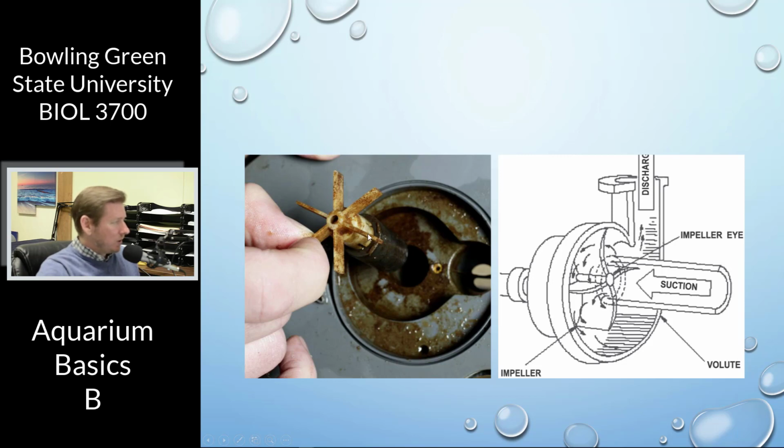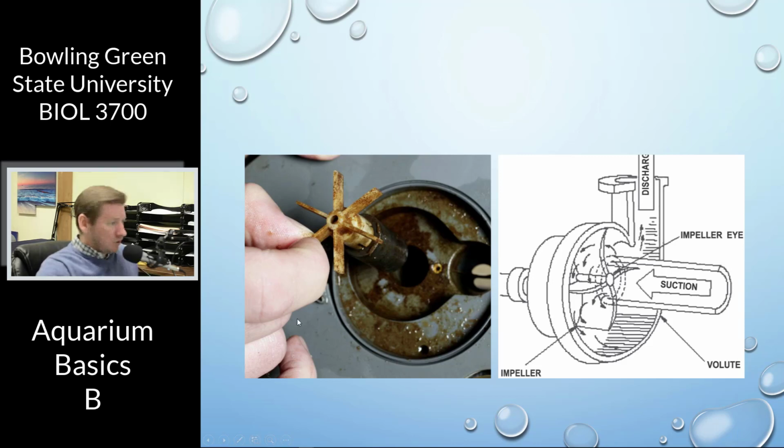Usually when a power head or pump stops working, you just pull the impeller out, scrape this off, maybe with a razor blade, a pair of scissors or some metal object. Scrape all the calcareous encrusted gunk off of it, drop it back in, and it works just fine.